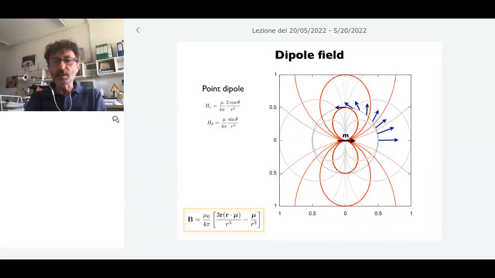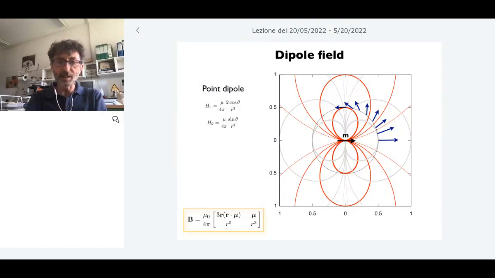The field that you find when you are in the direction to the right has one value. But when you make a 90 degree counterclockwise motion, you will find that the magnetic field points in the opposite direction, and its modulus is just 1/2. This is the dipole field that you find in many books.